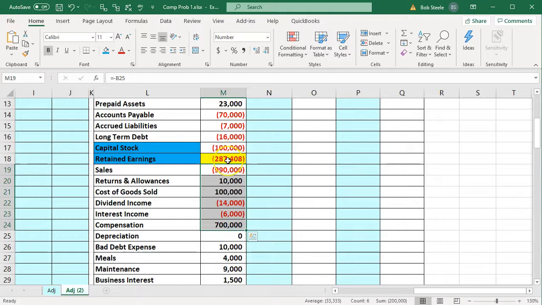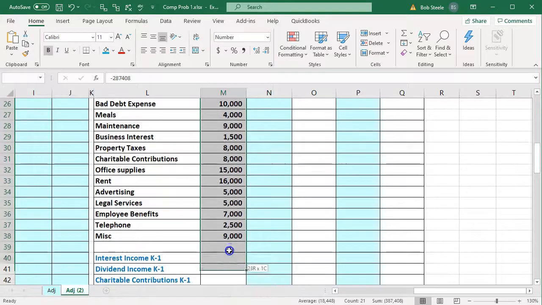And notice if I highlight the entire thing and I set it up this way, the credits minus the debits, I can double check it easily by just selecting this number and selecting all the way down. Excel then calculates the total equity at the end, if I were to close out the temporary balances to retained earnings, which would be 387,408.